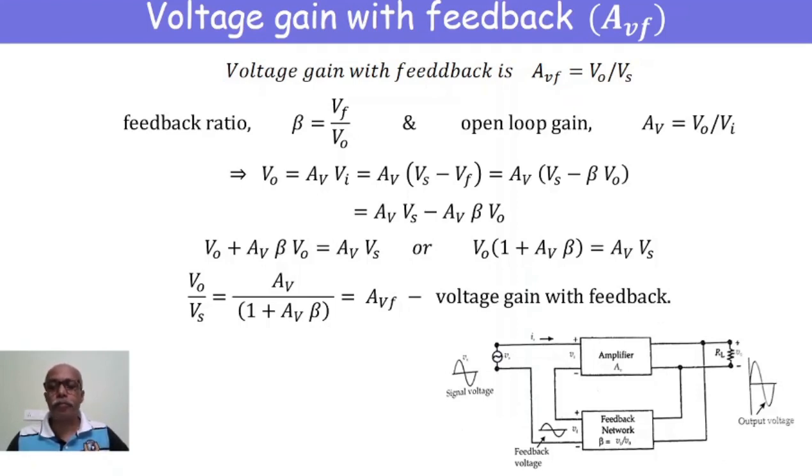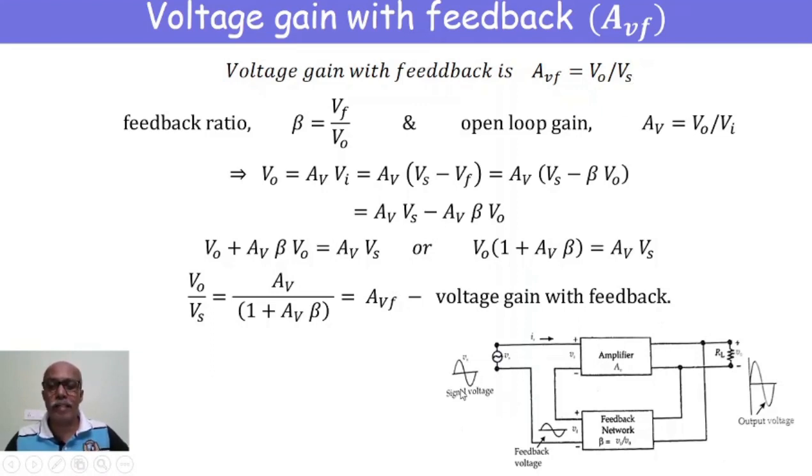So here, for this particular circuit, the voltage gain with feedback is given by AVF is equal to V0 by Vs. Voltage gain with feedback is the ratio of output voltage to the signal voltage.